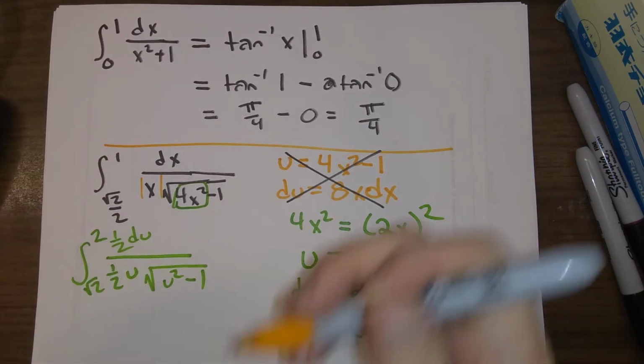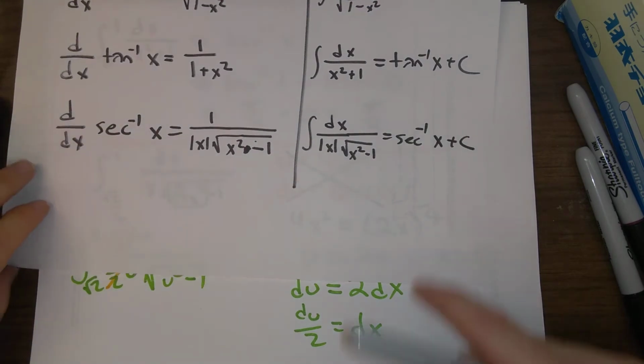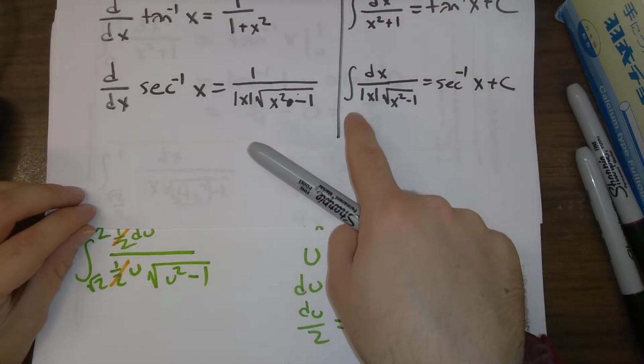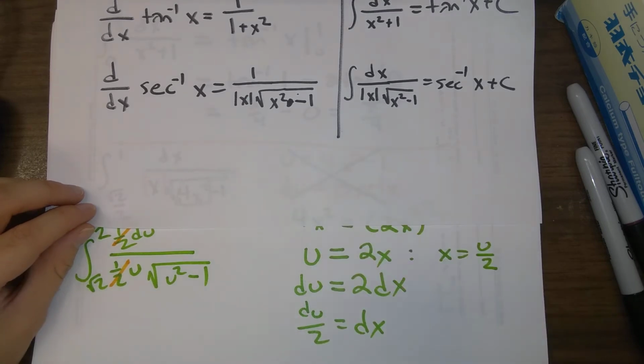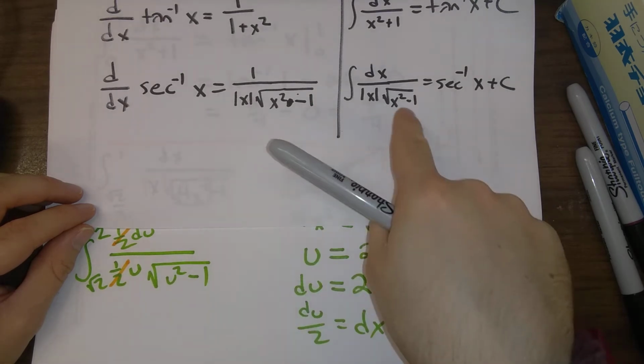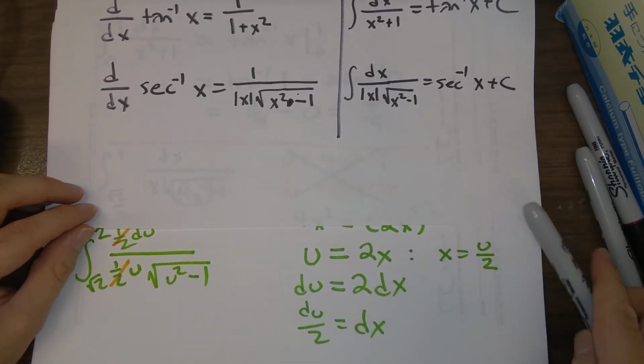We can do a little bit of simplification here. Those 1/2s cancel. And now we do exactly match this formula that we are integrating: dx over absolute value of x, as we already said, we don't have to worry about the absolute value here, times the square root of x squared minus 1. These two match perfectly.